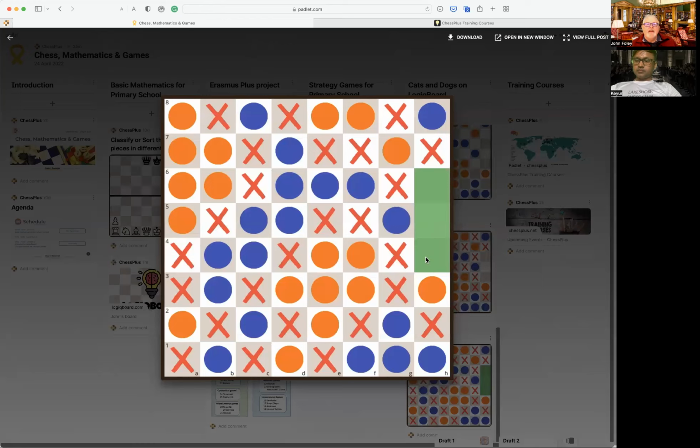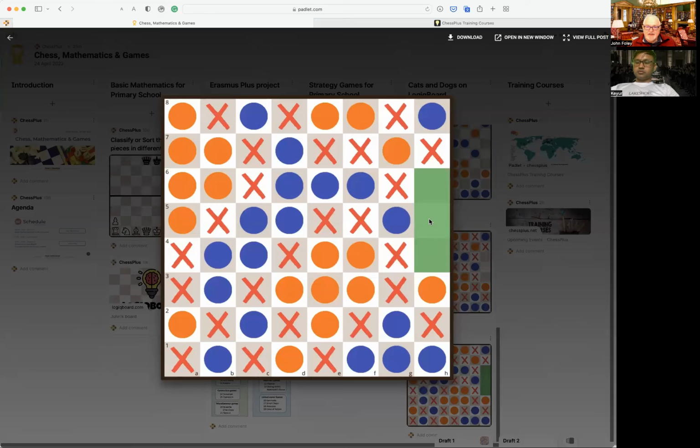So if blue plays h6 and orange plays on h4, then there's no more moves left possible in the game. There'll be an X in here, as it were. And therefore, the last player to move will have been orange. So orange wins the game. So if blue makes the wrong choice, they lose. But I think it would require just a moment's thought to realize that the best square here would be h5.